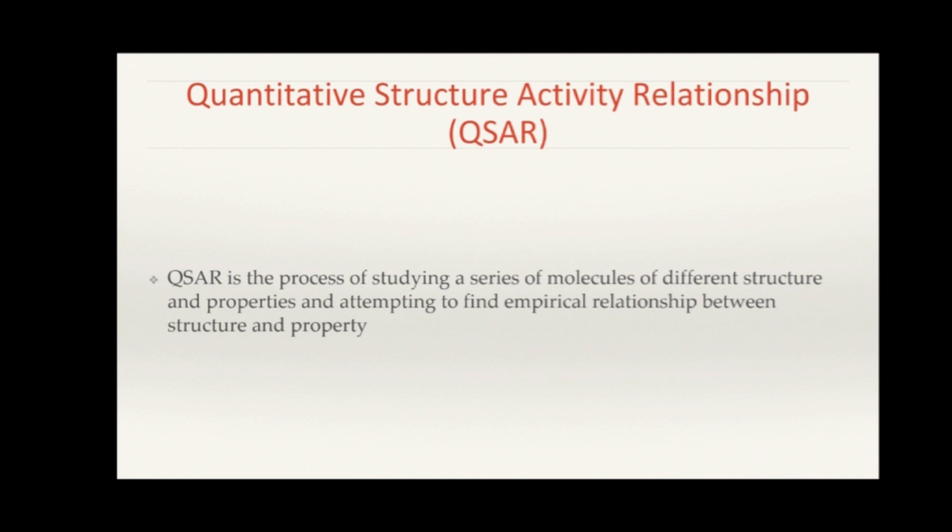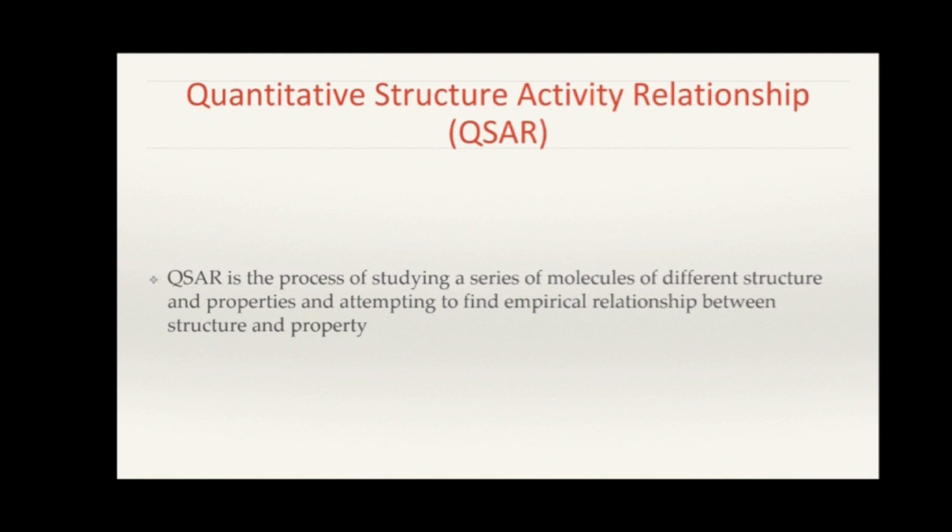Quantitative structure activity relationship, QSAR, is the process of studying a series of molecules of different structure and properties, attempting to find the empirical relationship between structure and properties. As the name suggests, this method correlates molecular structure with biological properties.